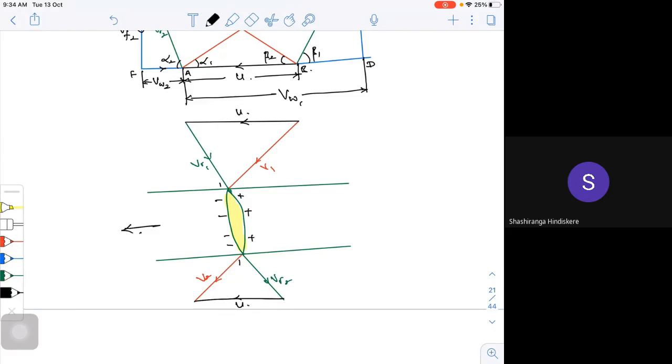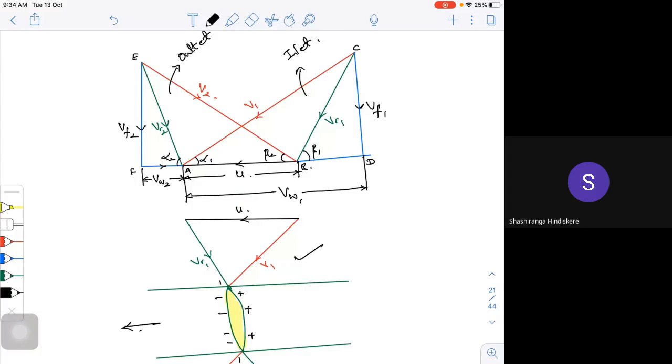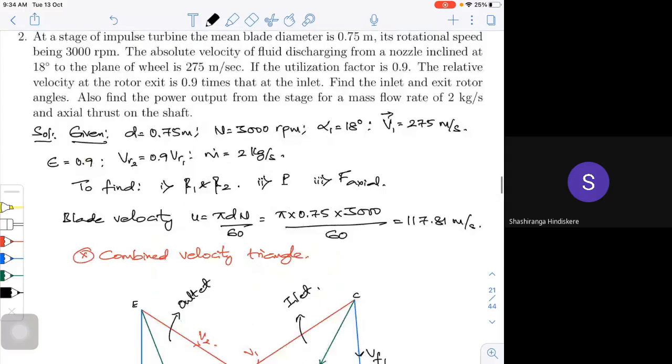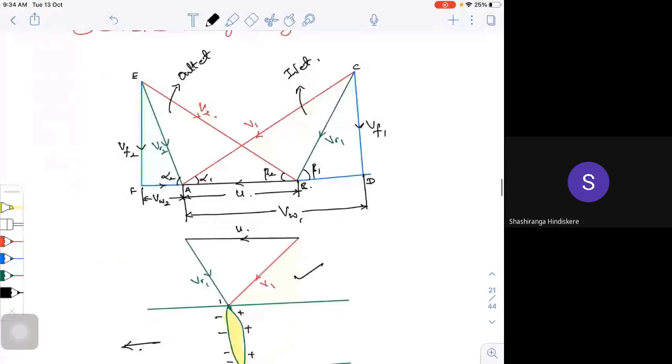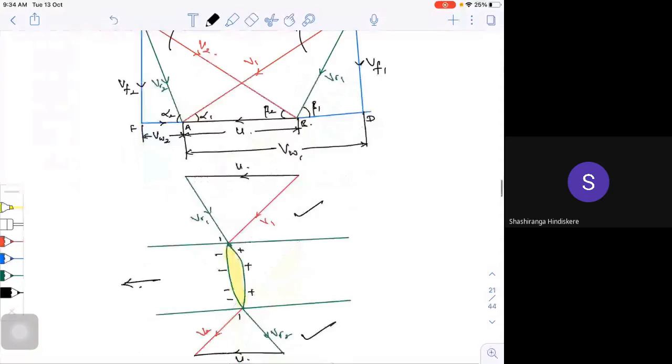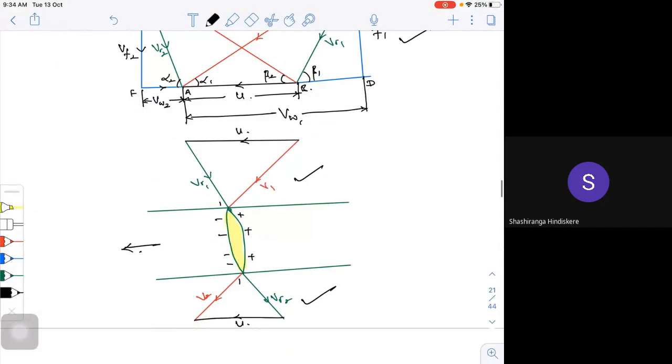Either I can draw this kind of triangles for an axial flow machine. This is an axial flow impulse machine actually. Either I can draw a combined velocity triangle like this, or I can draw a velocity triangle like this. Both will give the same result.